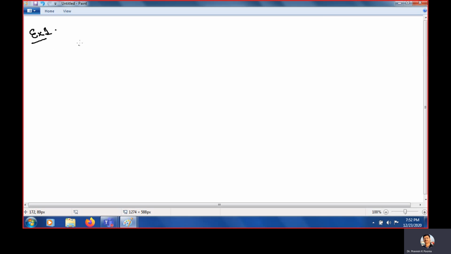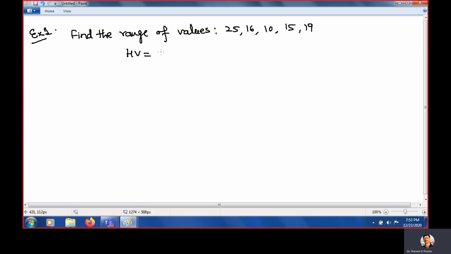Example 1: find the range of values. The values given are 25, 16, 10, 15, 19. What is the highest value here? Highest value is 25. What is the lowest value? Lowest value is 10.